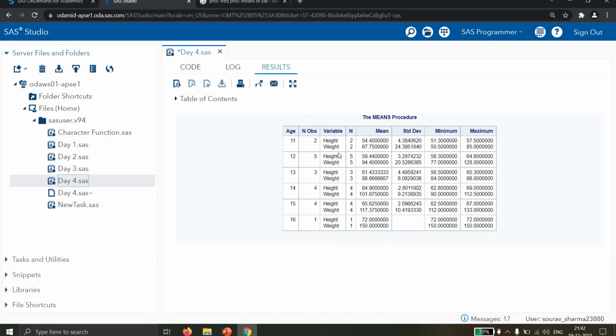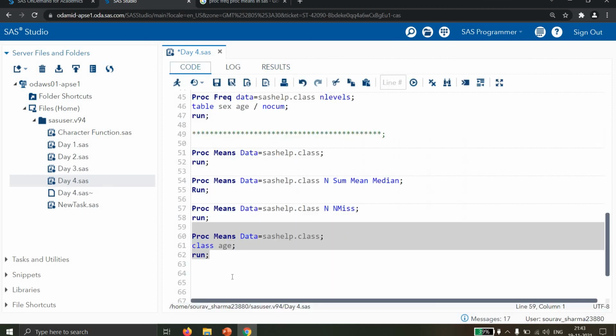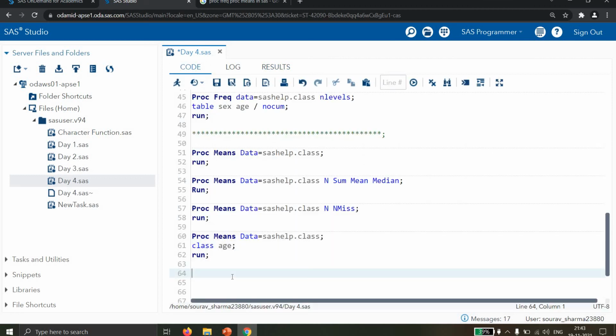If we are not writing a specific class, then it will give all the summary. Otherwise, if you're looking for a specific one, you need to write class. The class will give all the particular table information, let's suppose we write age, so it gives all the information about age.